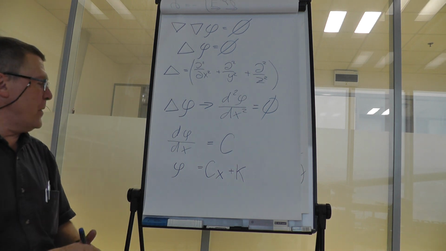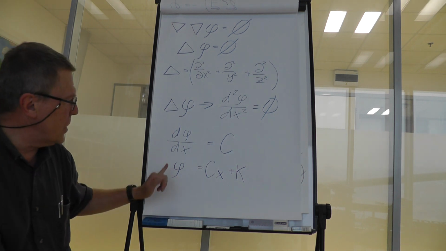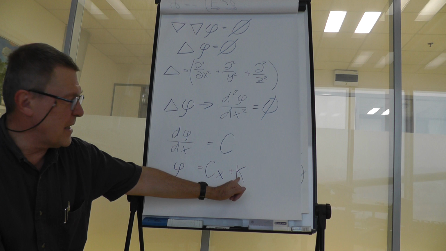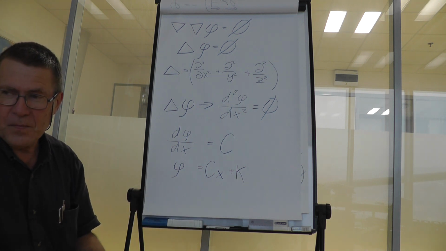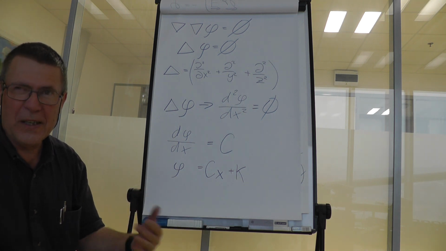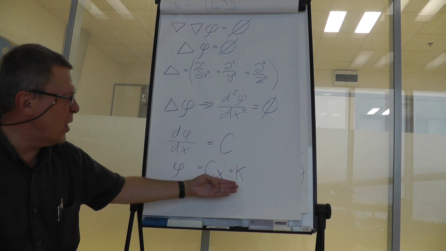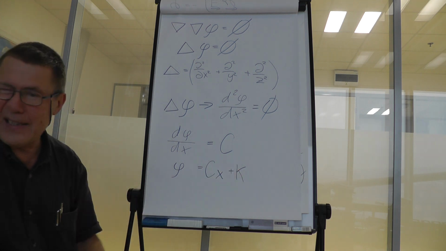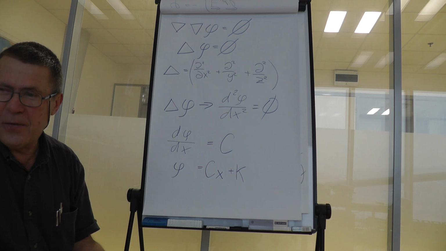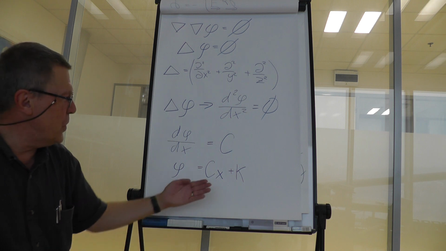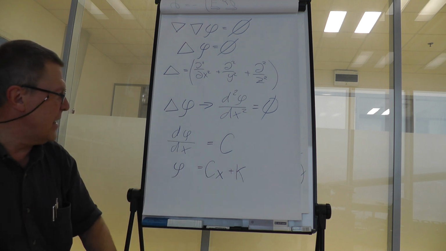So now we have received a solution which has got two constants in it. When solving differential equations, this is quite common. You get several constants to achieve the result. So we have two constants, c and k.